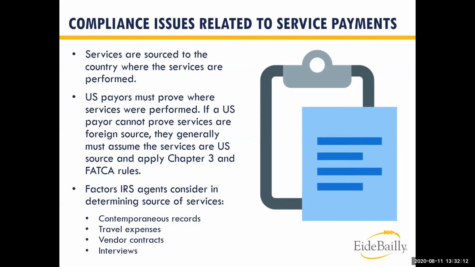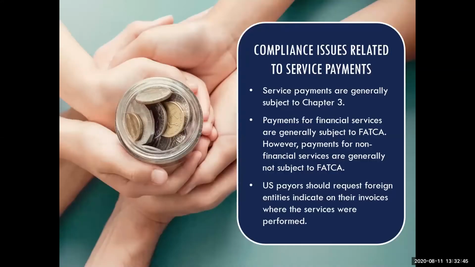Let's say you say it was all performed outside of the US, yet you reimbursed them for travel expenses. That's going to be an indication that they may have come to the US, and the IRS could dig a little deeper and figure that out. That's just one thing to look at. Again, they would look at the vendor contracts, and they could even get the contact information and interview the vendor.